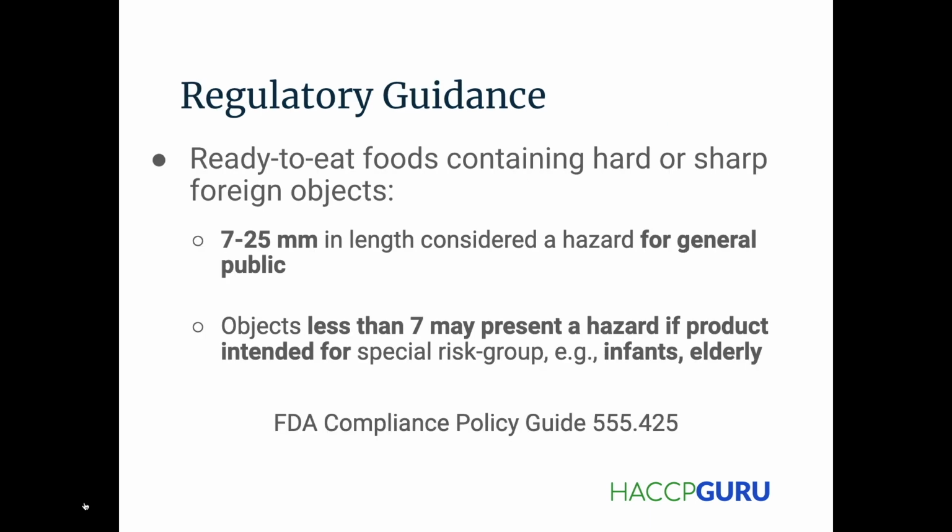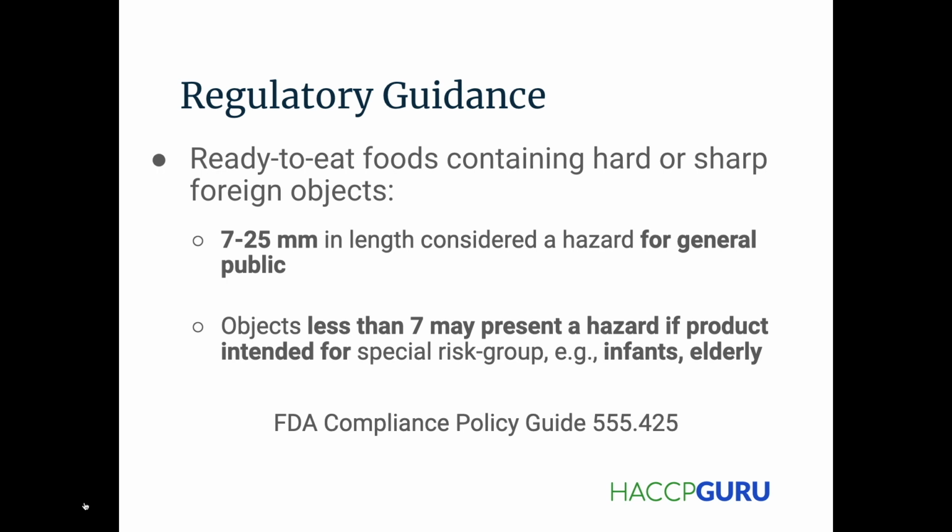So regulatory has a guidance around the size of the physical hazard and what they consider to be hazardous. So it's 7 to 25 millimeters in length considered a hazard for the general public. If it's less than 7 millimeters, it may present a hazard if product is intended for a special group, which includes infants and elderly, but not all the time.